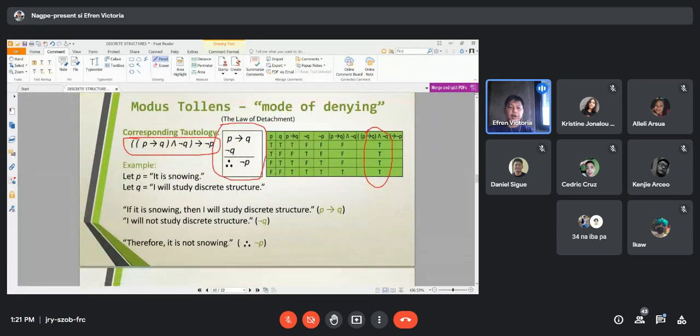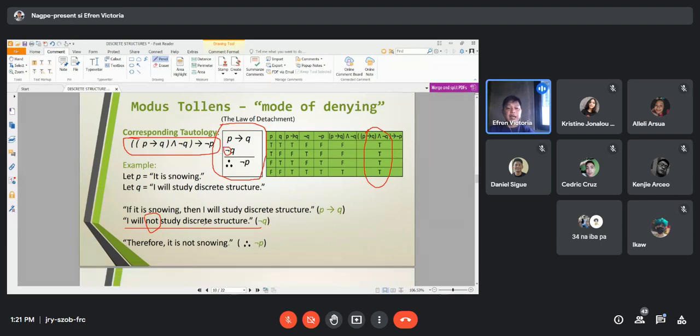Okay, so example, let P, it is snowing. Let Q, I will study discrete structure. If it is snowing, then I will study discrete structure. I will not study discrete structure, so yung word na not belongs to negation. So negation natin dun sa form.